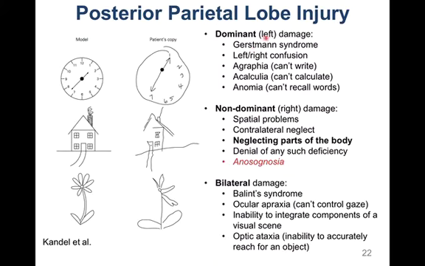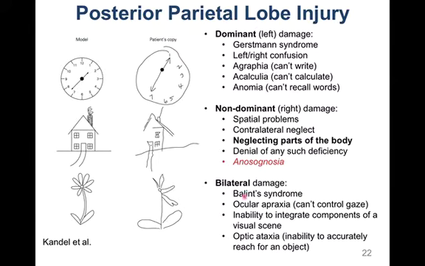And then Gerstmann syndrome, these are some symptoms: confusing left and right, an inability to write, inability to calculate, inability to recall words. So you can see that the symptomology is quite different depending on whether it's a dominant posterior parietal lobe injury or a non-dominant injury.